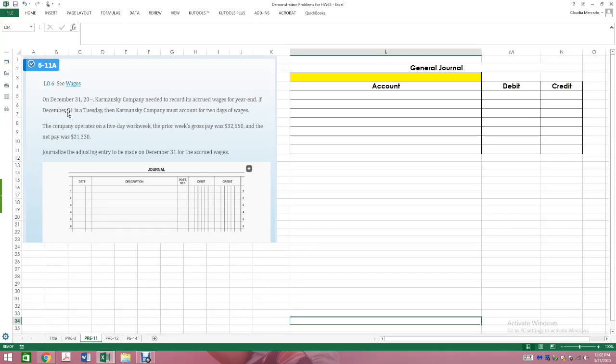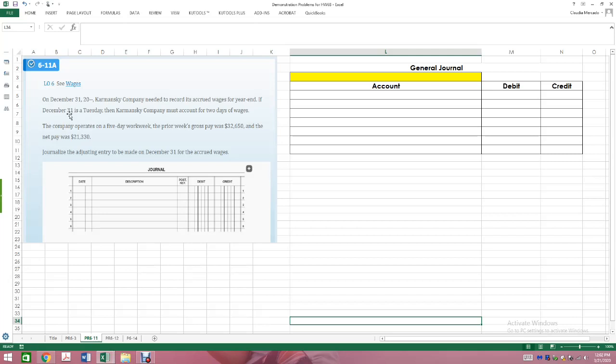So an accrual is made. Okay, so we are going to accrue because we need to record all of our expenses when they are incurred. These 2 days were incurred in this year, but we're going to pay them the following year. Okay, so let's put some years to it because like this it just confused me. Okay, so let's say we are dealing with December the 31st, 2019.